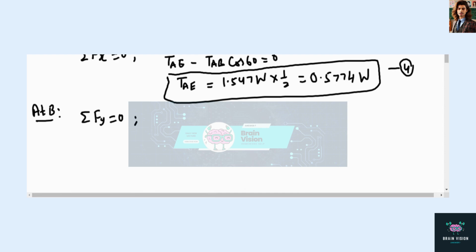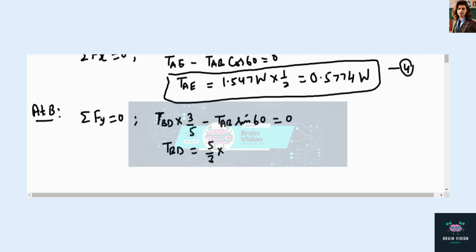Now see here, tension in BD into 3/5 minus tension in AB sine of 60, that must be 0. So tension in BD you will get 5/3.